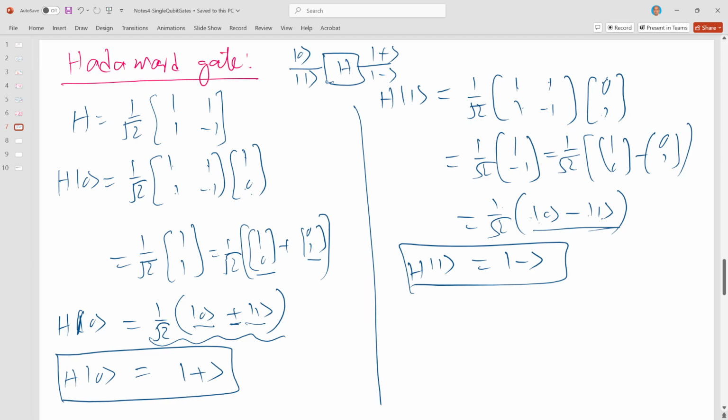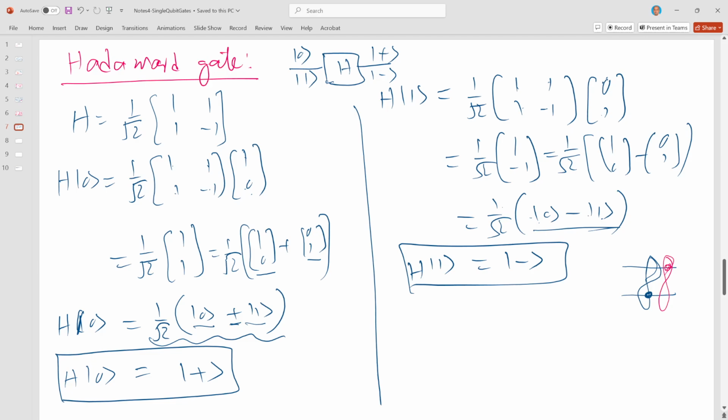So this is a very important gate, because let's say you have this 2-level system and your initial state is this 0 state, and you apply this Hadamard pulse, the system ends up in a superposition state. And similarly, if the starting system is in this state and you apply the Hadamard gate, the system again goes into superposition state, which is different from the previous superposition state because it has a minus sign.